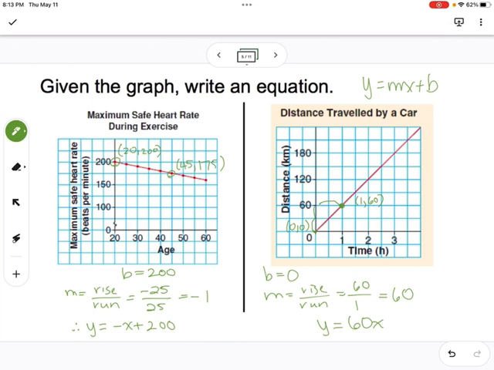Like we talked about on the previous slide, when the line's going down, we'll have a negative slope, so that makes sense with the negative 1 we found here. And when we have a line going up, it's a positive slope, and we have a positive 60 here, so that also makes sense.